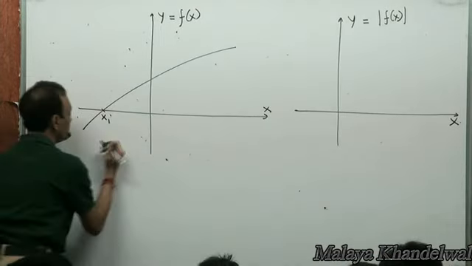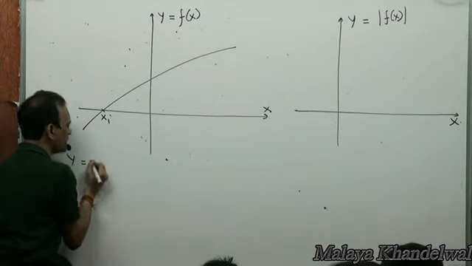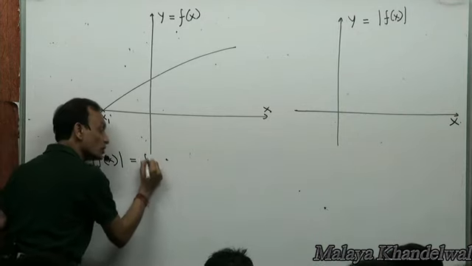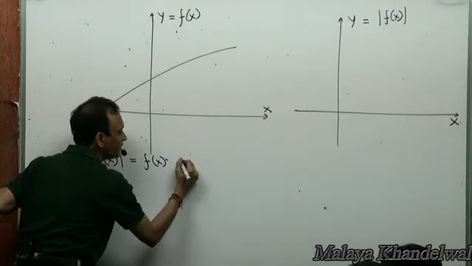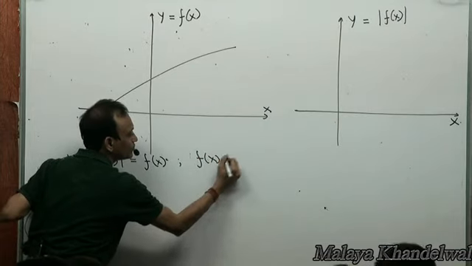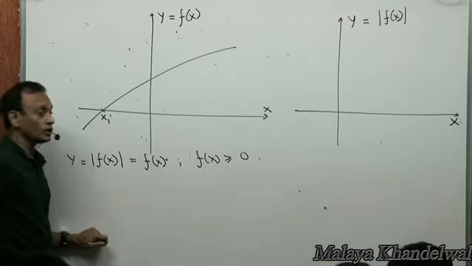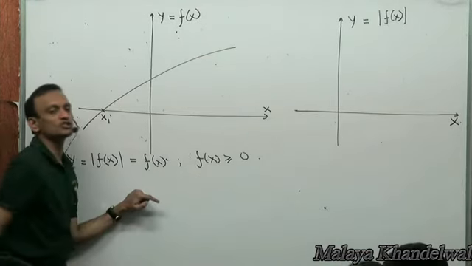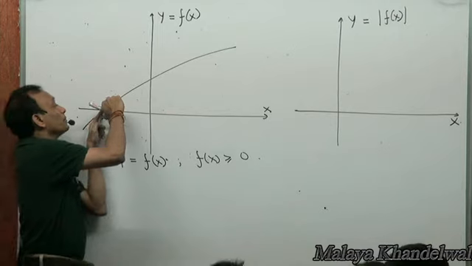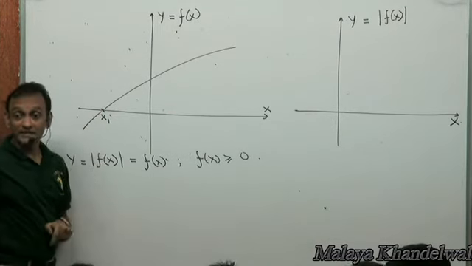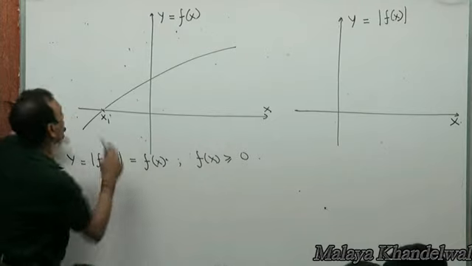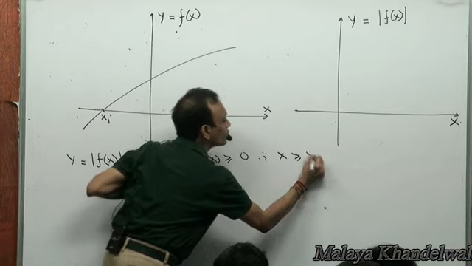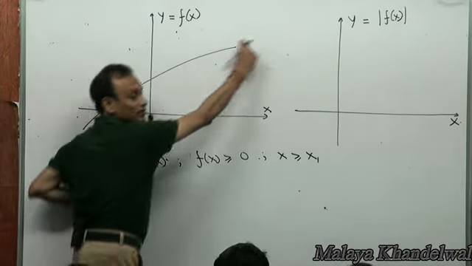So, very clearly, look at this. y equal to mod f(x), by definition, is going to be equal to f(x) whenever f(x) is greater than or equal to 0. That means the graph of mod f(x) and f(x) will be identical as long as f(x) is non-negative. That means from x1 onwards, f(x) and mod f(x) will be identical, because for x greater than or equal to x1, f(x) is greater than or equal to 0.